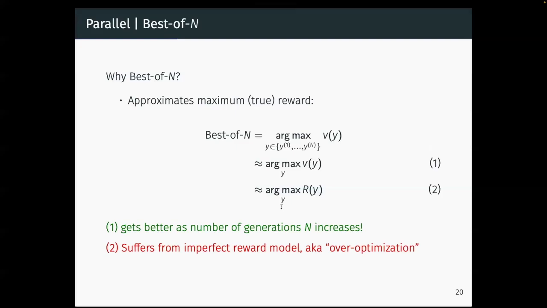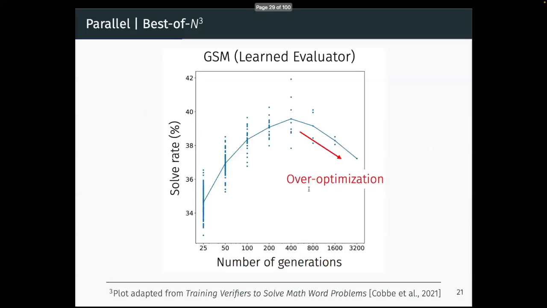However, this goes to the question that was just asked, which is that this approximation here can actually lead to issues if your reward model doesn't actually model the reward well. So to see this, we often see plots that look like this. Here we're scaling up the number of generations.